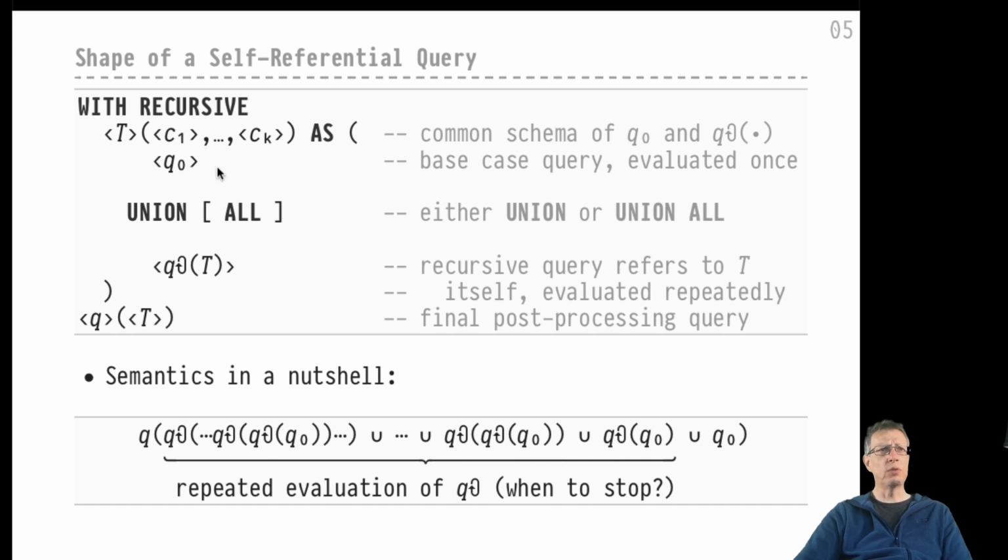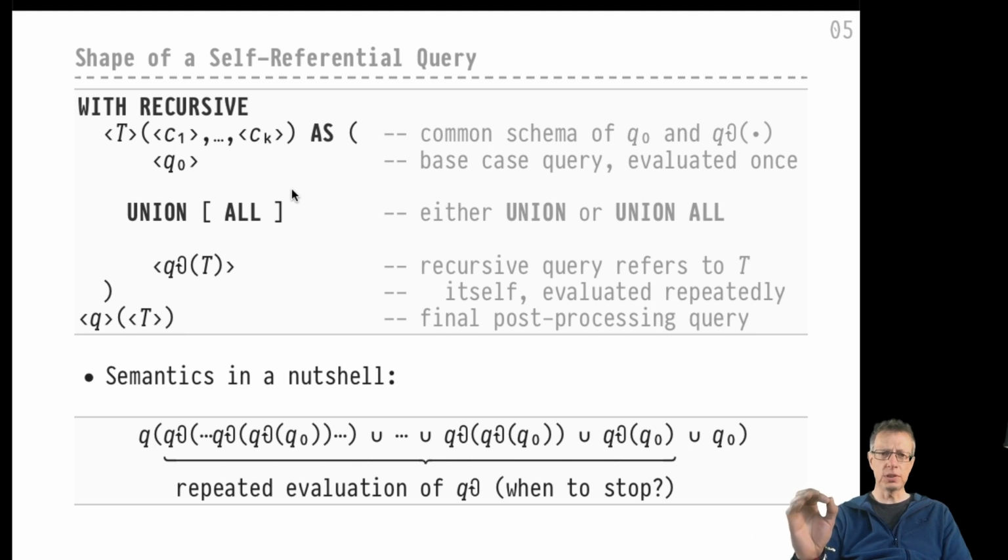The first part would be the base case query, which is evaluated exactly once. Q0 will emit rows that, of course, have to adhere to this particular schema. And this Q0 query will be evaluated once.